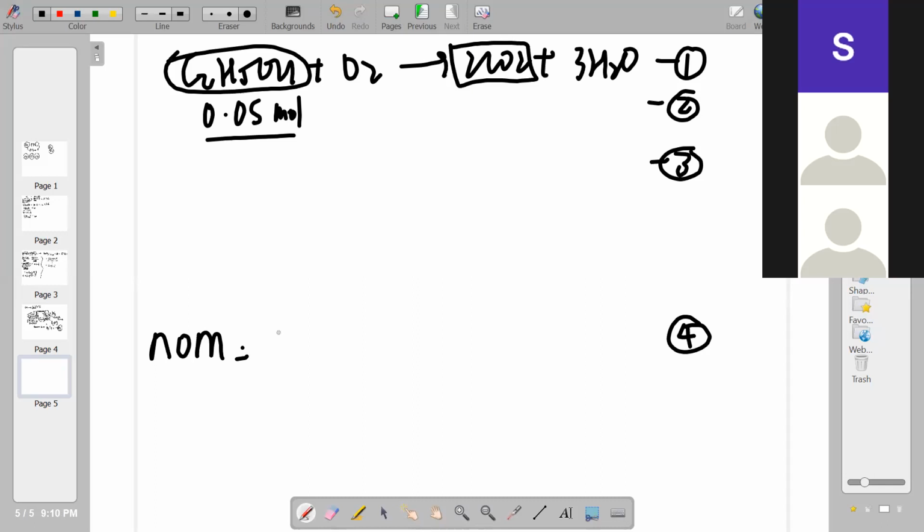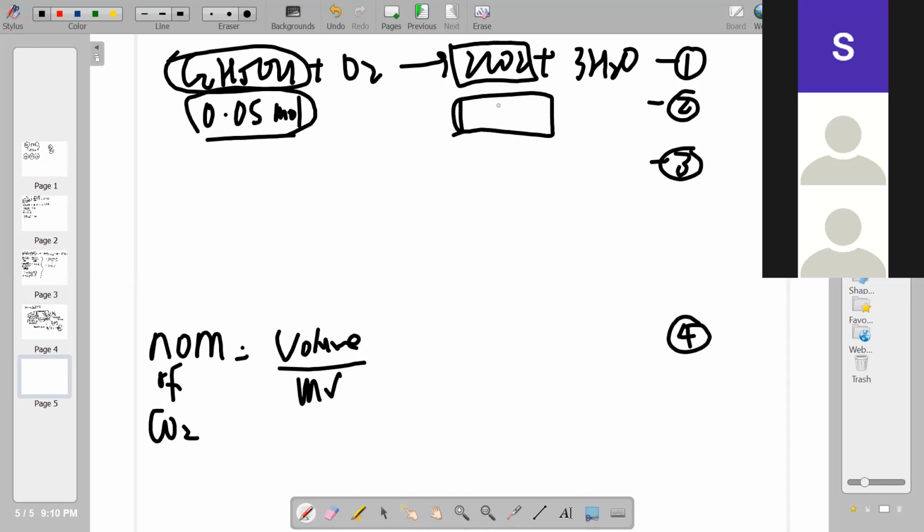Volume over molar volume, not molar volume over volume. Volume over molar volume. I want to find carbon dioxide, right? I know the number of moles of ethanol only. How do I do the question if I don't have the number of moles of carbon dioxide? How do I substitute inside here? What can I do? What is your third step?